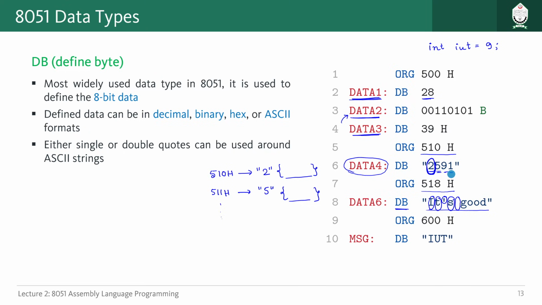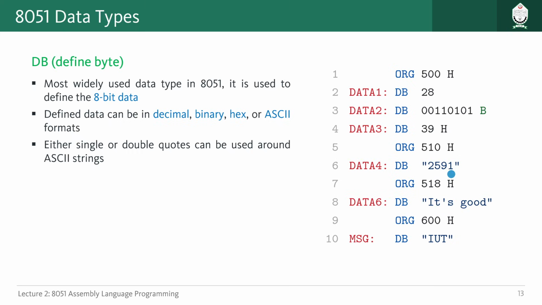Another question, I think one of the students asked me when we talked about this data type in the class: if this decimal value is more than 255, basically if it exceeds 8 bits, then what will happen? Is this valid?